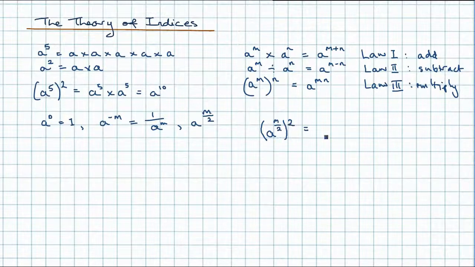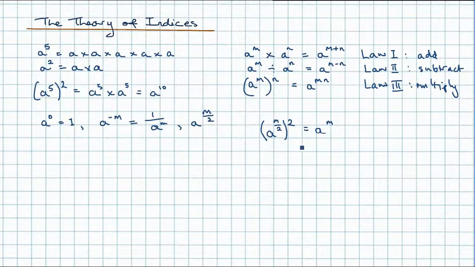Well, that's going to make those 2's cancel. So we would simply end up with a to the power of m. So hopefully you can see that. The 2 would multiply the numerator, and we've still got 2 in the denominator. Then we divide top and bottom by 2, cancelling that 2, giving us a to the power m.